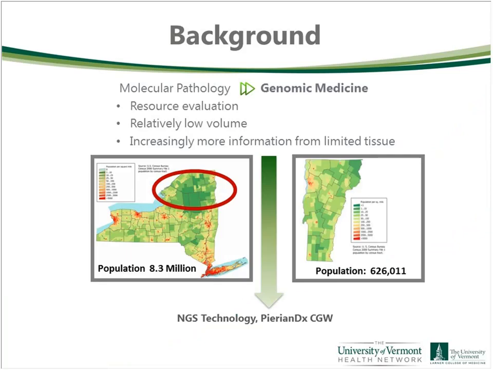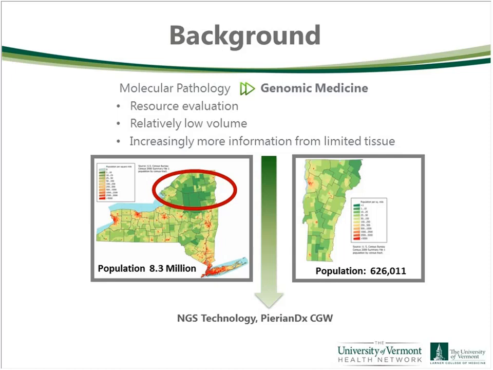In terms of what our practice and our network look like in Vermont, we made a decision as a leadership group in 2013, when we were thinking about genomics, to really skip over classic molecular genetic pathology as it was practiced before 2013, more as targeting single genes in a more limited scope.